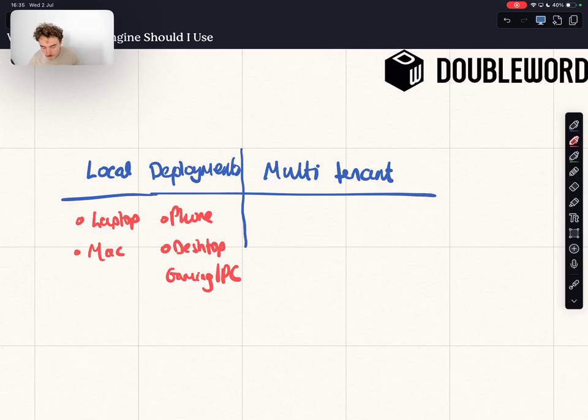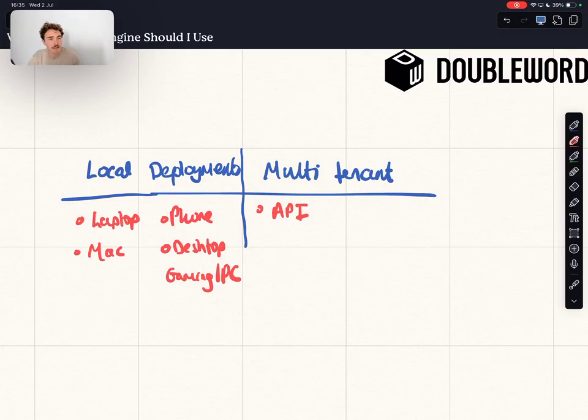And then multi-tenant is the scenario where you want to deploy a language model and give many people access to it. It might not necessarily be many different people, but it might be high concurrent access of the model. This would be the case if you're providing an API. Maybe you're a company hosting an internal language model. Maybe you're OpenAI and you're giving the world access to its GPT models.